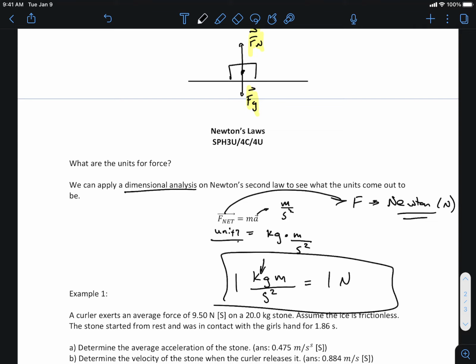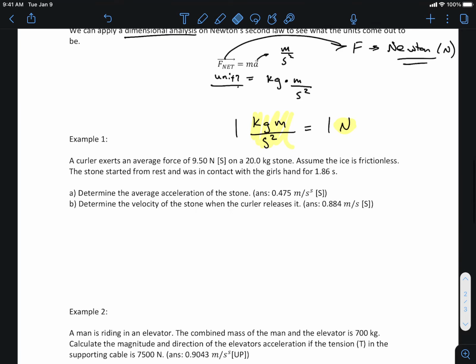We also know that F net equals ma. Well, that's where the units come from, right? Mathematicians and people in physics are lazy. We don't want to write this every time we write an answer. Physicists like newtons. Short and sweet. Easier to conceptualize, I think.